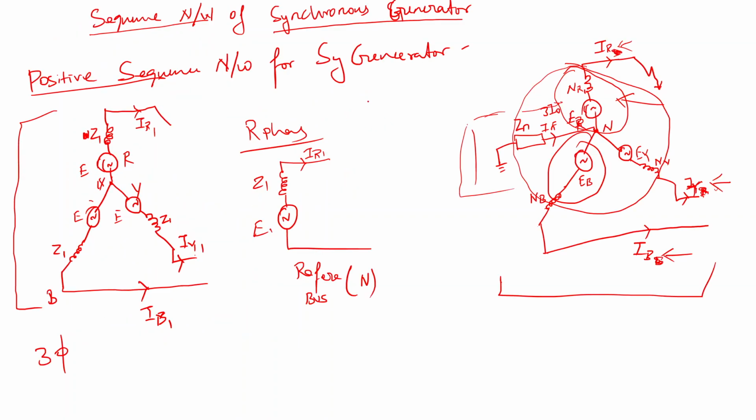And one more thing I forgot here, the voltage VR1 is equal to, that is this voltage minus the multiplication of this, that is ER1 minus IR1 into Z1. If you measure the voltage here, you will get this voltage value VR1 respectively.